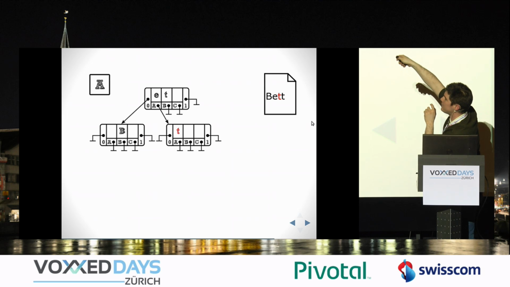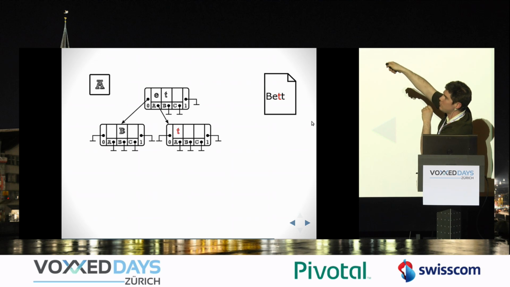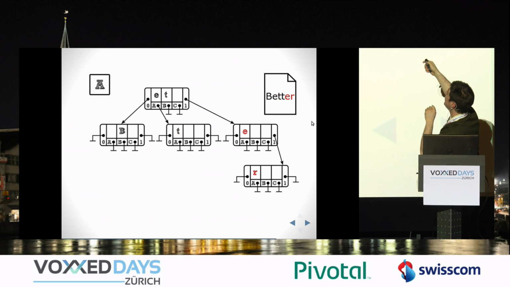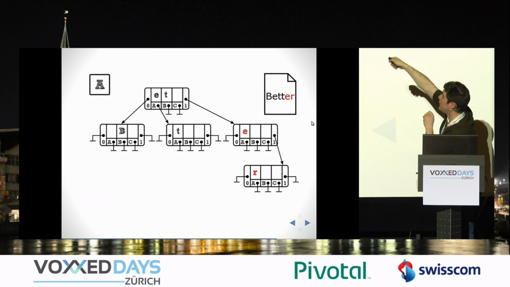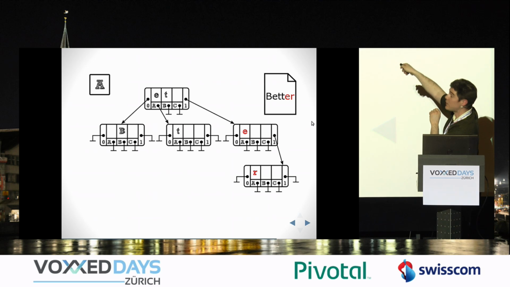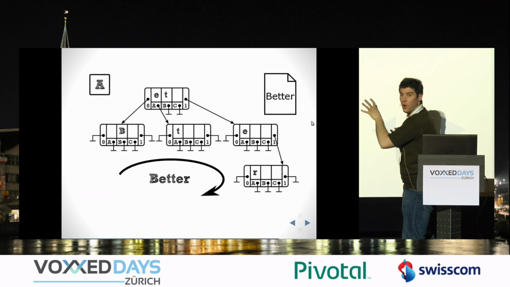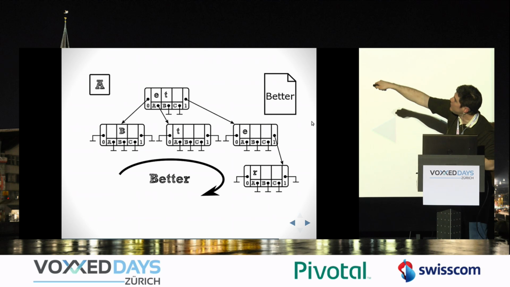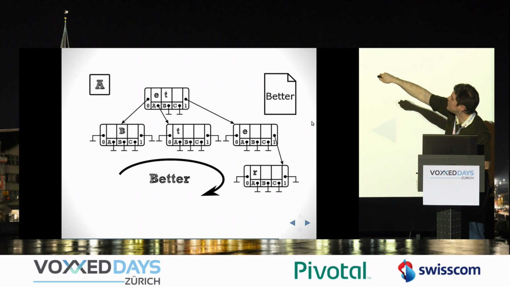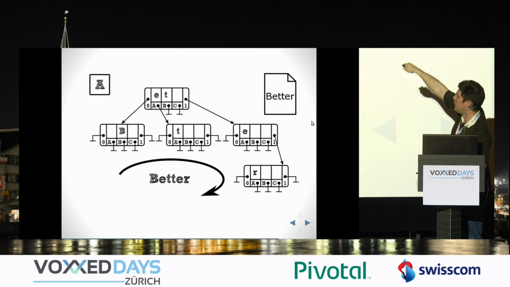So he can extend the tree with a new node and write T into its own slot. And then similarly, E and R, they actually have to appear here on the right. So he extends the tree 2 more times with 2 more nodes. And now if you want to read the contents of this data structure, then you need to traverse the nodes in order from left to right. So B, E, T, T, E, R, better.